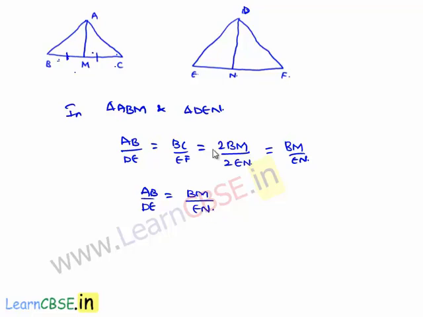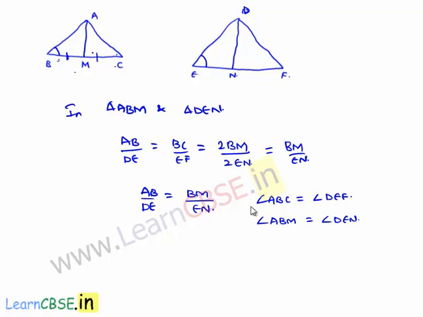And also we know that triangle ABC is similar to triangle DEF. We can say that angle ABC is equal to angle DEF. Instead of angle ABC we can write angle ABM, which is equal to angle DEN, which is nothing but angle DEF.